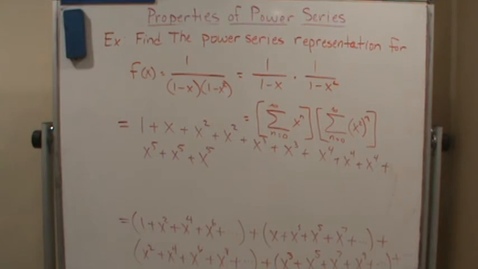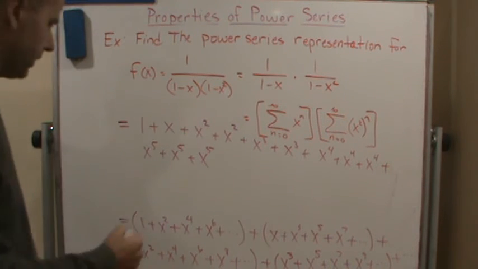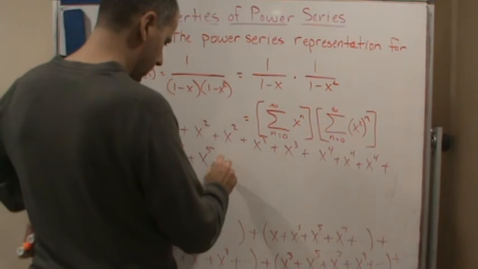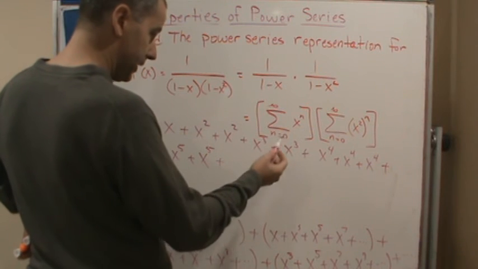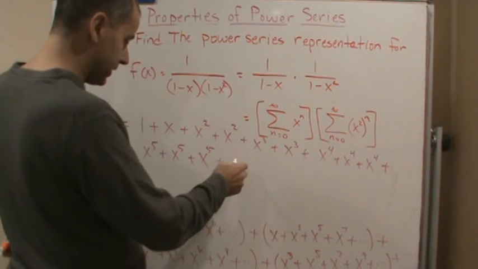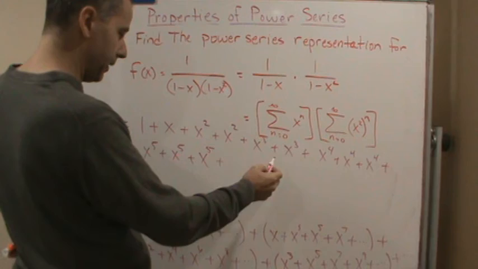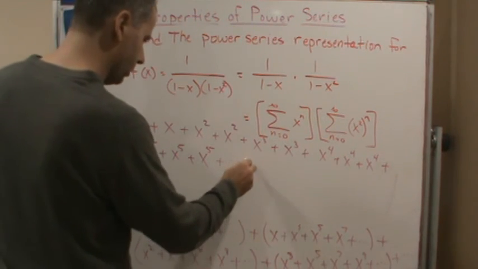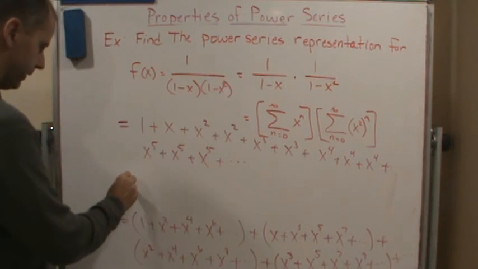And now, if you see the pattern, it's going to keep going: plus x to the sixth, but it's going to go 4 times.